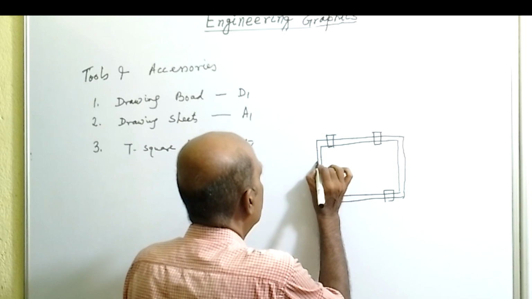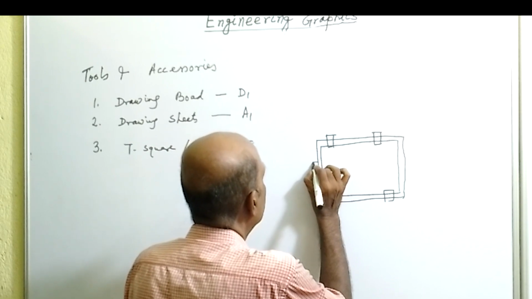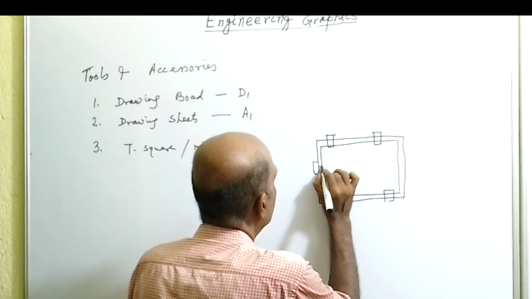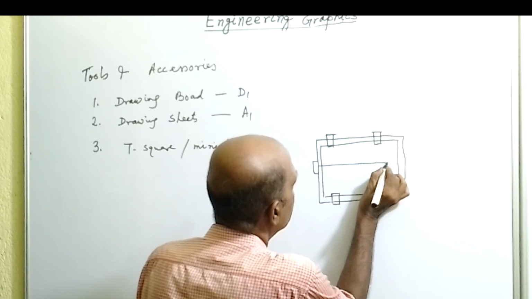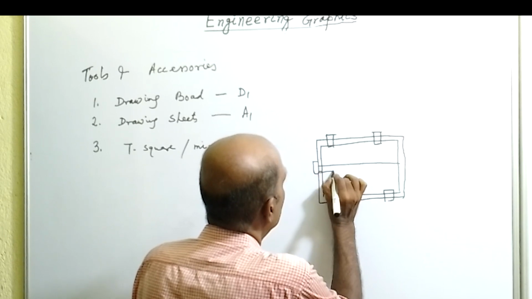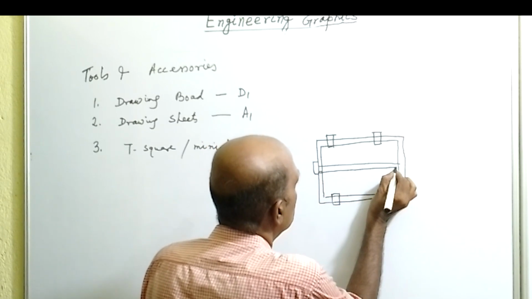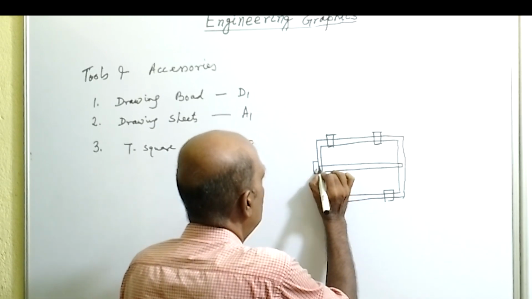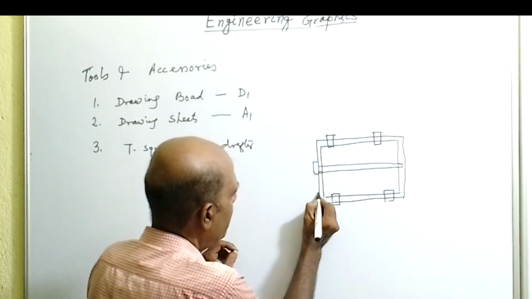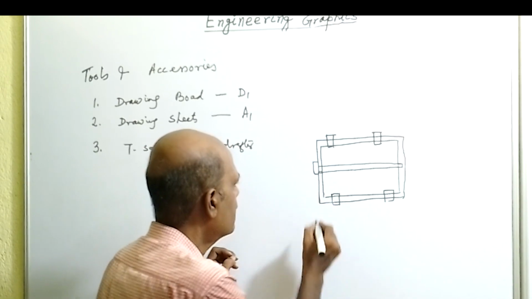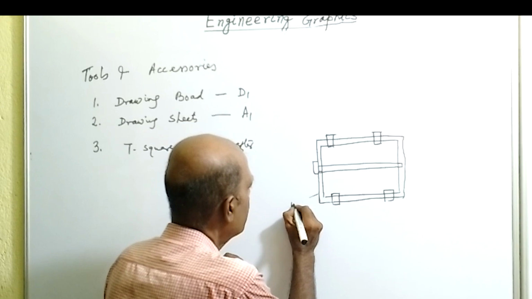If we draw the T-square, say this is the head of the T-square and this is known as the blade of the T-square. And this side, we have discussed, there is a working edge.